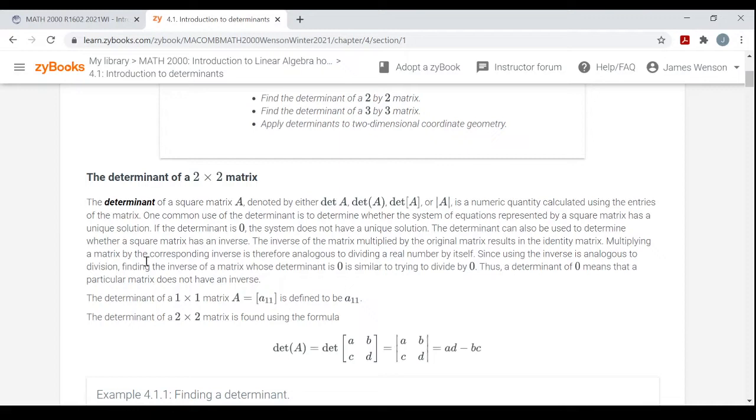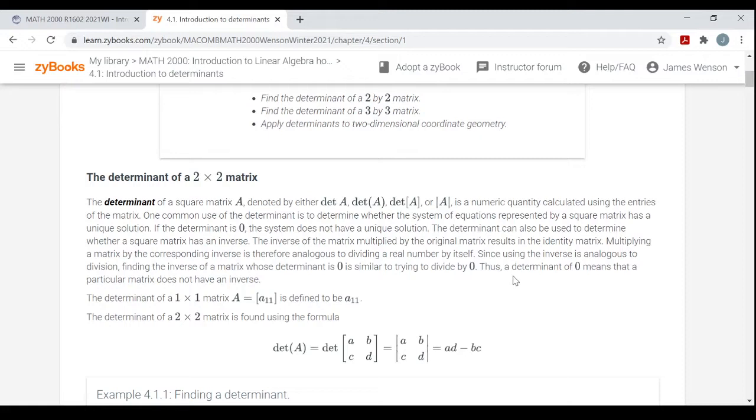Multiplying a matrix by the corresponding inverse is therefore analogous to dividing a real number by itself. Right? Since using the inverse is analogous to division, finding the inverse of a matrix whose determinant is 0 is similar to trying to divide by 0.